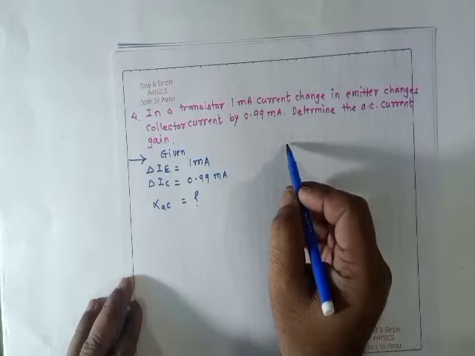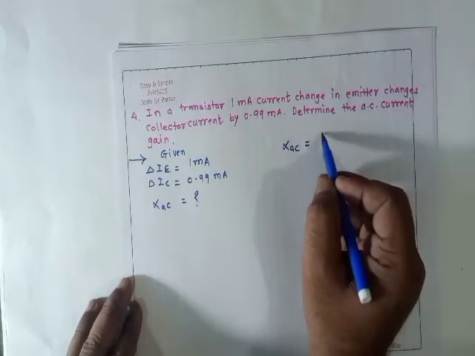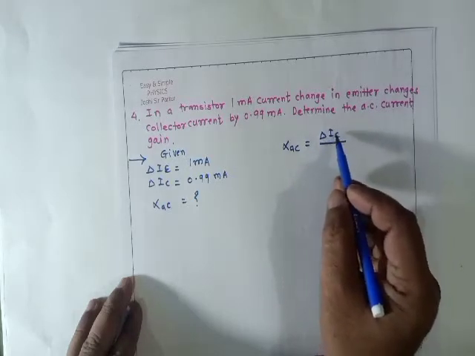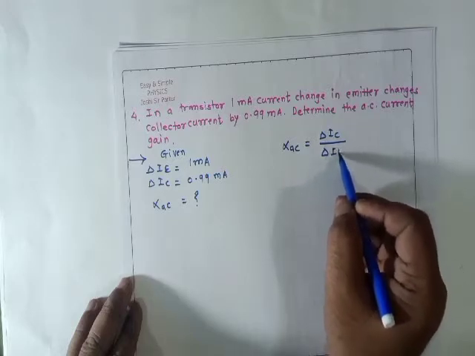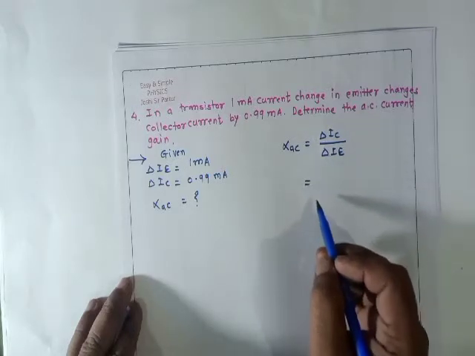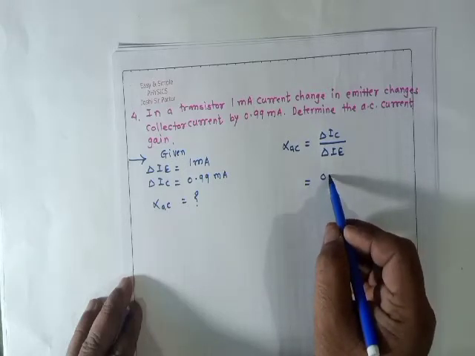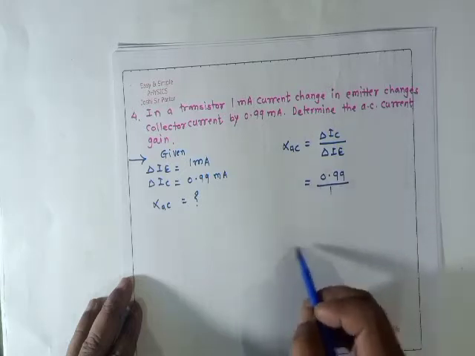So we can use a formula. Alpha AC is equal to delta collector current, or change in collector current, upon change in emitter current. If we substitute the values, 0.99 divided by 1.